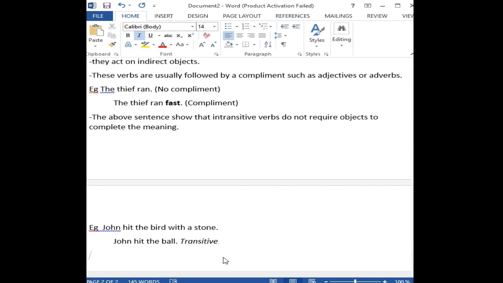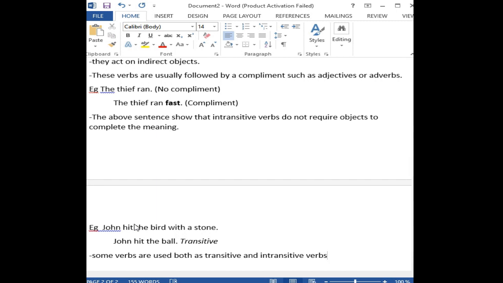Now let me add something before we continue. Here we can also say that some verbs are used both as transitive and intransitive verbs.